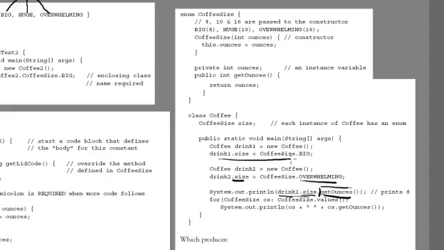Drink1.size is assigned CoffeeSize.BIG. So when you say getOunces, drink1.size.getOunces() is invoking a method getOunces on the value of drink1.size, which is CoffeeSize.BIG.